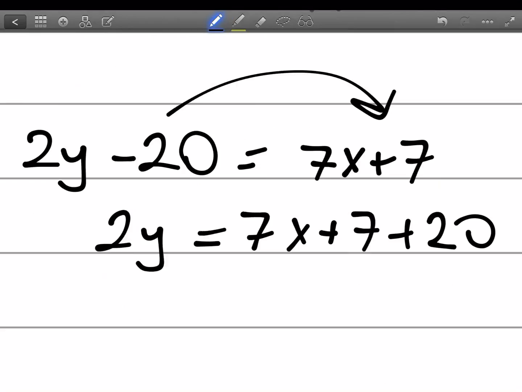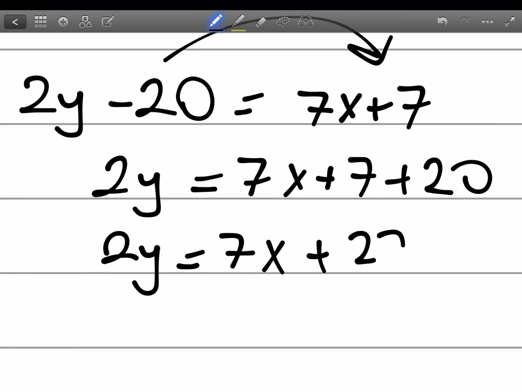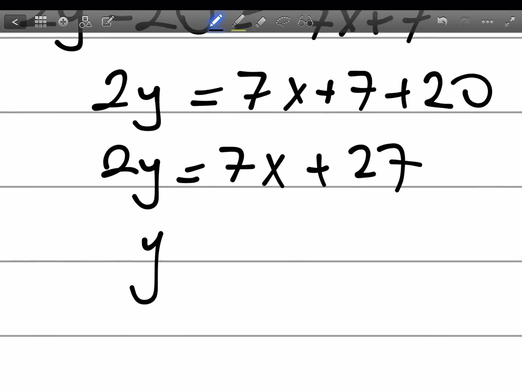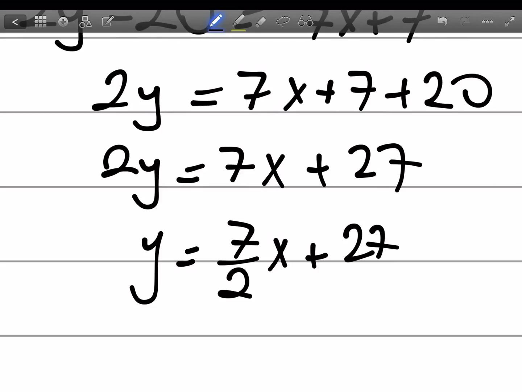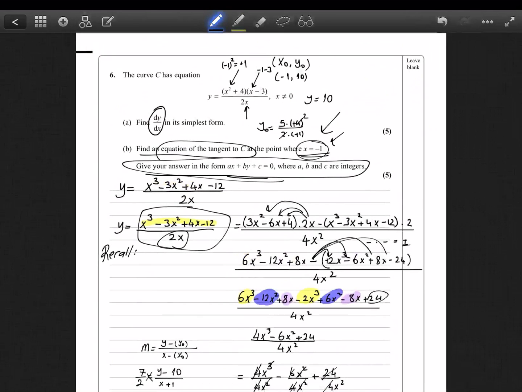This one goes to the other side. 2y is 7x plus 27, and y is 7 over 2 x plus 27 over 2. That's the answer, the equation of the tangent.